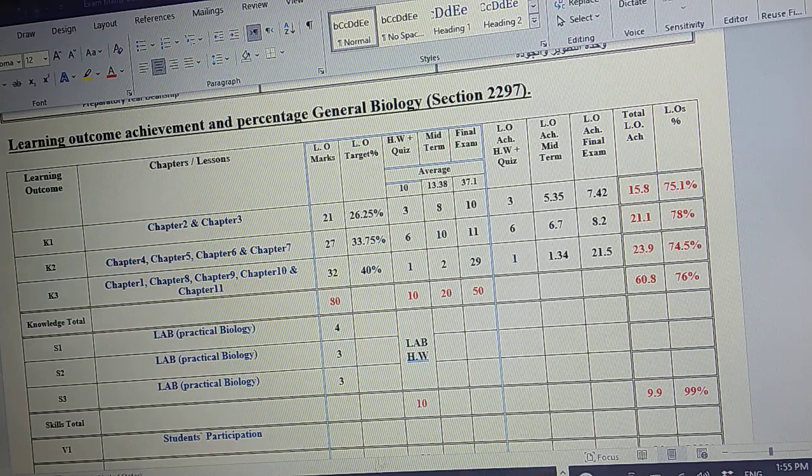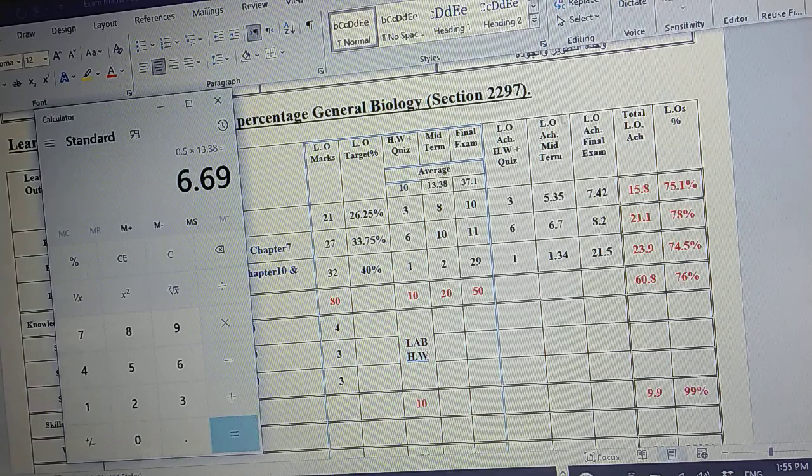By the same way, we are going to calculate learning outcome achievement for the final exam. For example, K1, it is 10 marks divided by the total mark of this assessment method, which is 50, times the average for the final exam, which is 37.1.